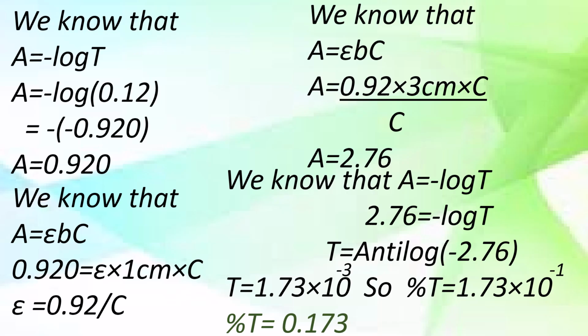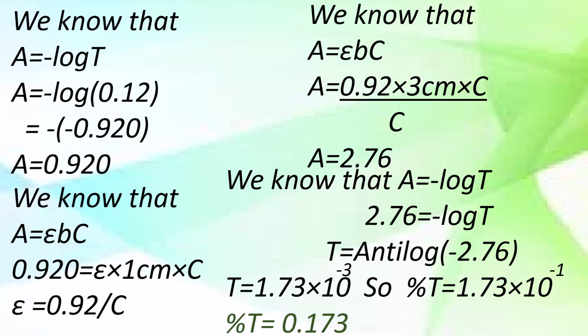Now we have to convert this absorbance into transmittance. We know that A is equal to negative log of T. Put the value of A, 2.76 is equal to negative log of T. T is equal to, log on the other side is anti-log, T is anti-log of minus 2.76. Answer appears T is equal to 1.73 exponent minus 3.